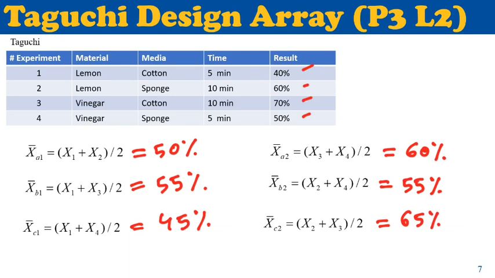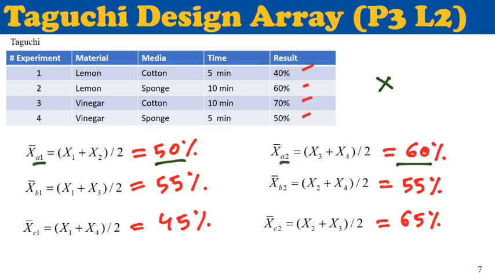You can check later. Now we have to look for the trend, how the effect of each level of each parameter affects the total outcome, which is the x, right? So what we're going to do, we're going to plot this trend for each parameter. For parameter A, we're going to plot what is the effect if we change from level 1 to level 2.